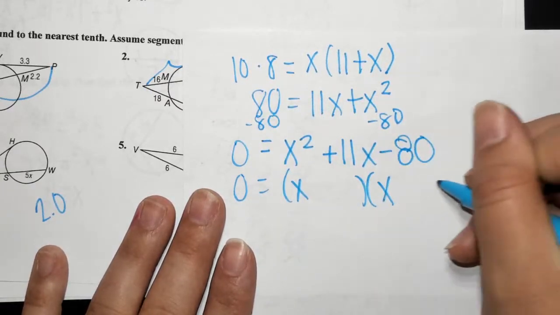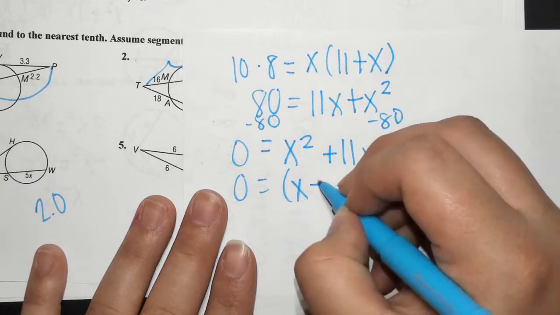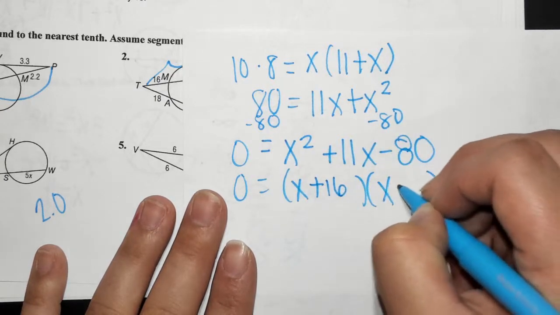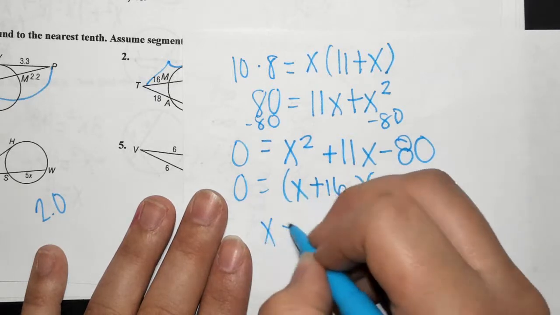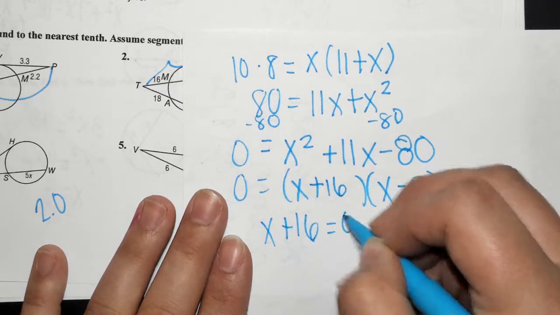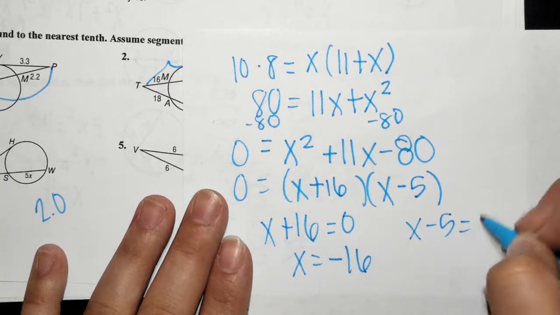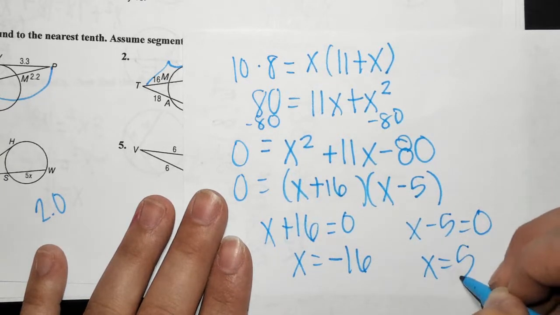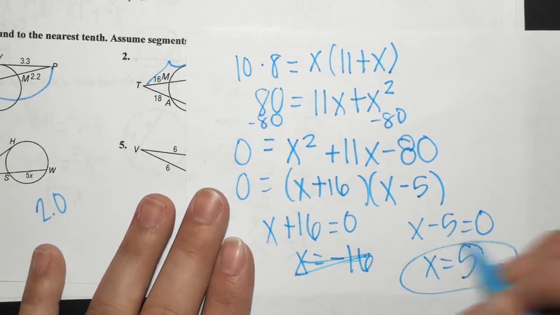Factor, comes out to be positive 16 and minus 5. When you actually set those equal to 0, x plus 16 equals 0 becomes negative 16. X minus 5 equals 0 becomes x equals 5. So it's not negative, so it's 5.